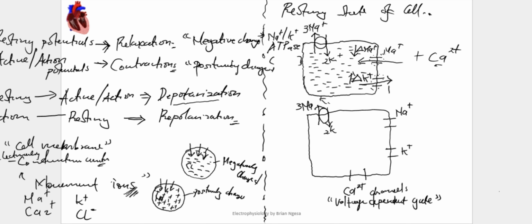When it is lower than that, they'll close. So another thing that we need to know, we've said that they are voltage dependent gates. These calcium channels are also slow to open and also slow to close.